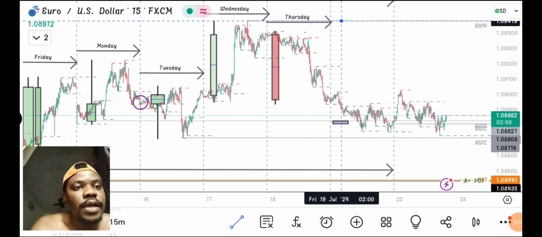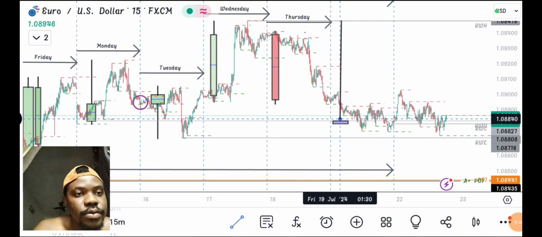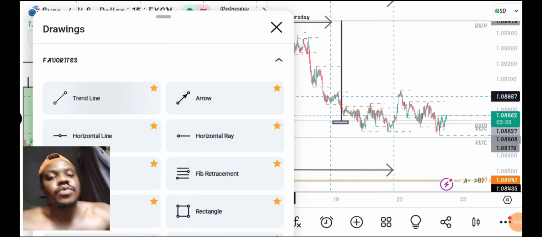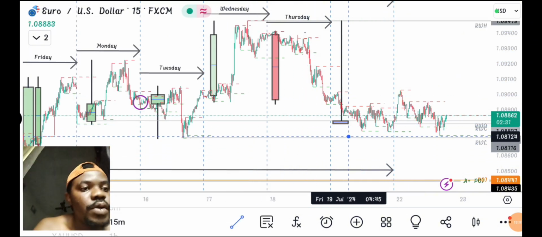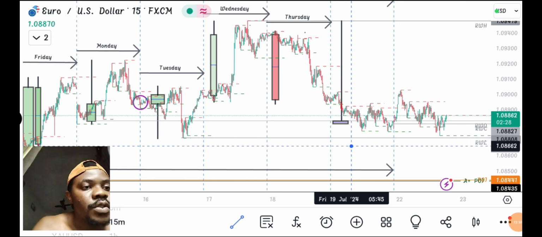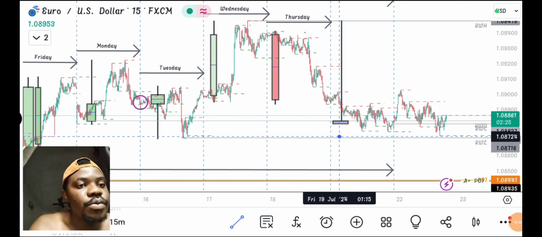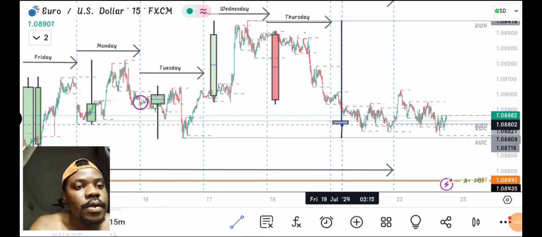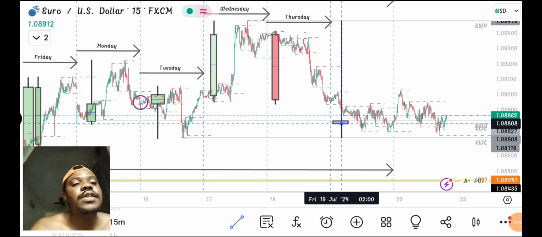Recent weekly high down to the body of this candlestick here. Okay, that's really perfect. Then we still take our trend line tool and mark from the recent weekly low, which is RWL, to the body of the candle which we drew.